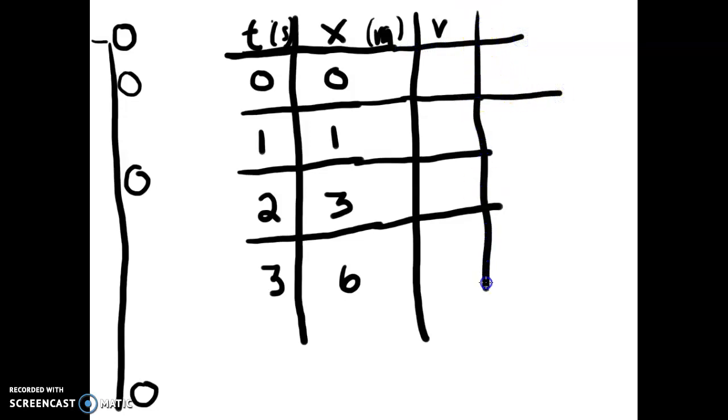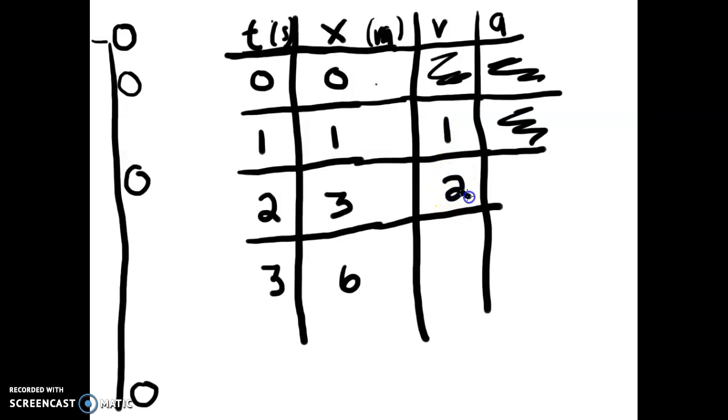And you're going to want to figure out your acceleration by calculating the second difference. And we know these areas are shaded. So the first difference here is 1, 2, and then 3. And then our acceleration is 1 and 1.